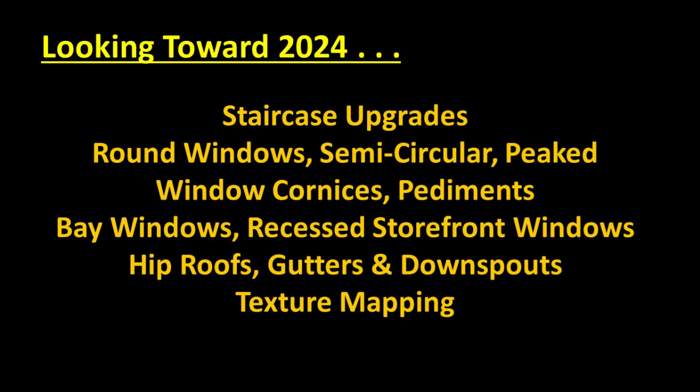So what might be coming in 2024? In addition to staircase upgrades and other general improvements, I would like to create windows in shapes other than rectangles, probably round tops or peaked for churches. Window cornices would be a nice enhancement as well, bay windows too, and perhaps custom-sized display windows for commercial buildings.